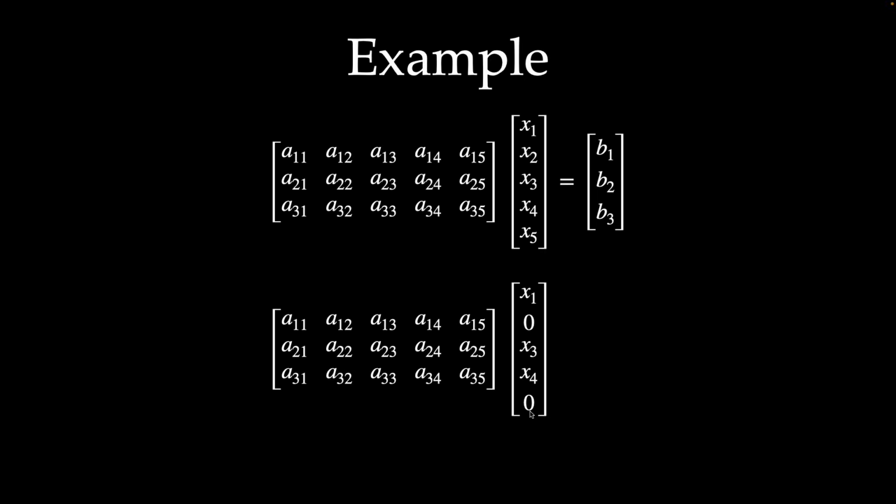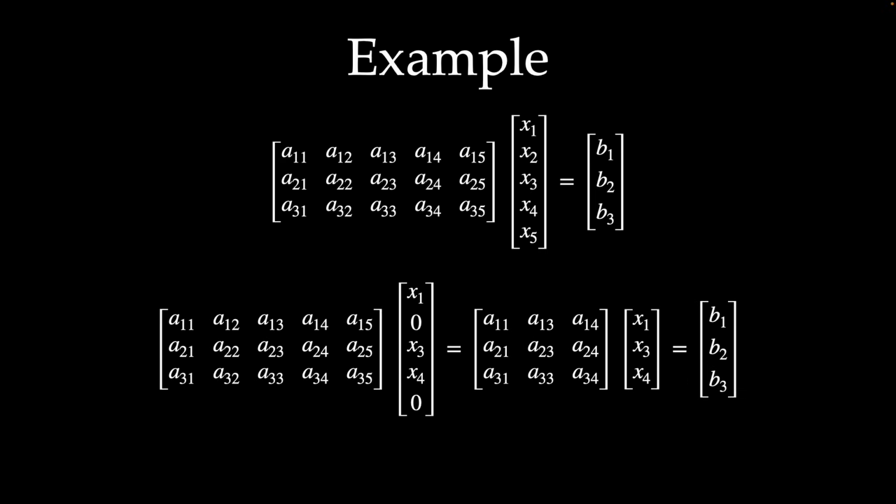When we go through this matrix multiplication, we multiply the first row of A times the vector x, and you'll notice that the second and fifth components will just be zeroed out. So the entire second column and the entire fifth column of A don't actually contribute anything, because they're just going to be multiplied by zeros.